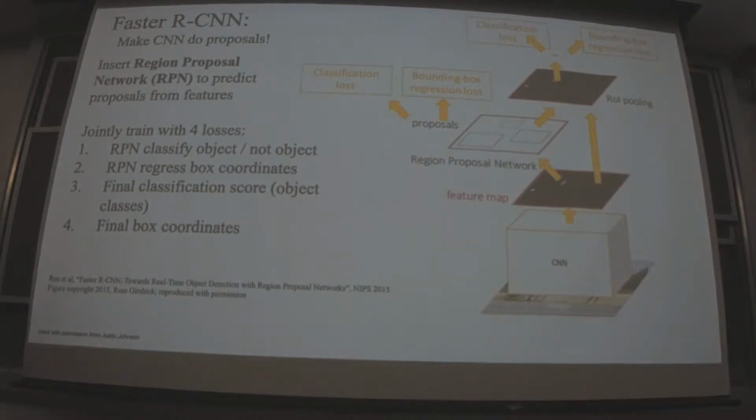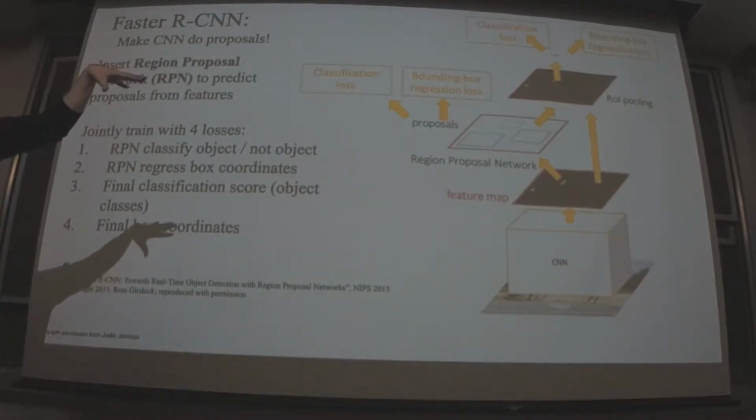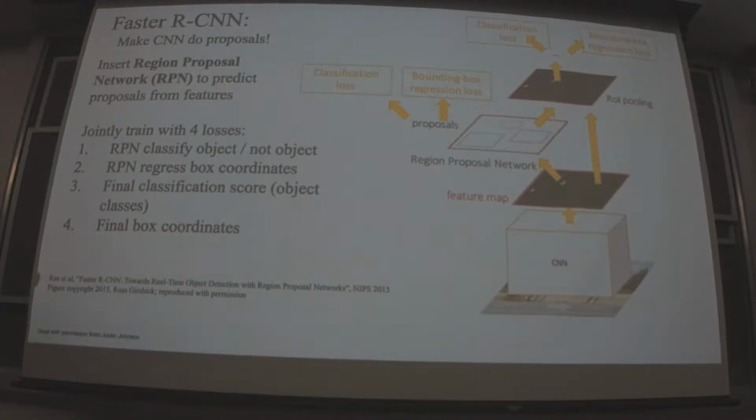If the network thinks there is an object, then those proposals are passed forward into the same kind of ROI pooling layer that we just saw, going from these variable-sized feature maps to a fixed 7x7 size feature map through max pooling, and then you do your classification and bounding box regression loss with those regions.